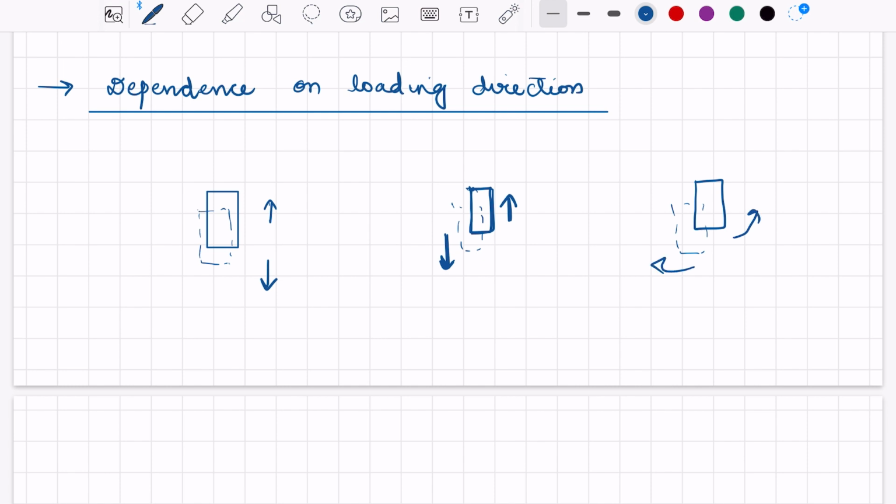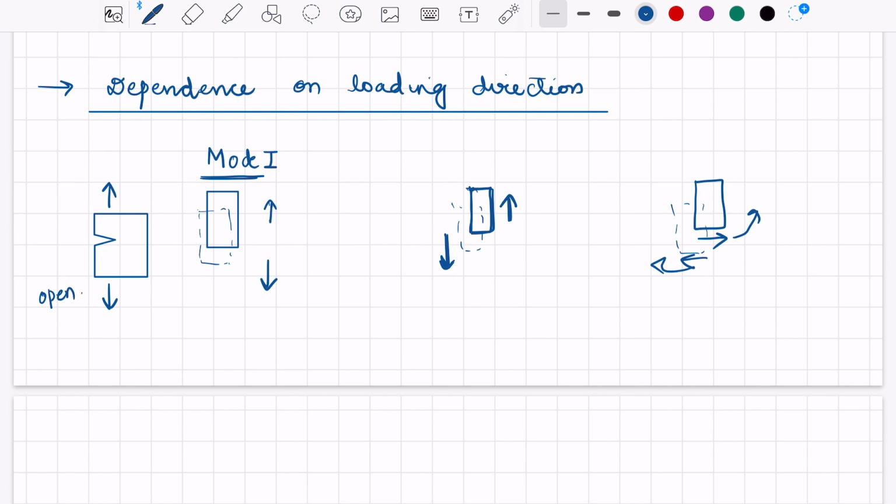Now you apply shear stress in this direction. So the first case is called mode 1 loading, where, if this is the crack in the specimen, you are applying load in this direction such that the crack opens up.